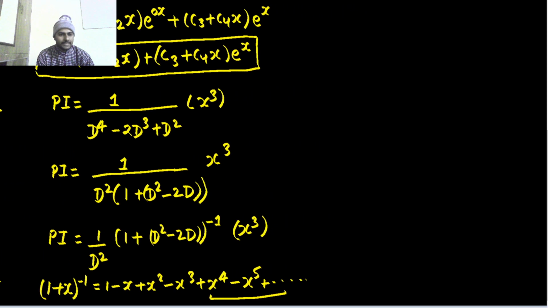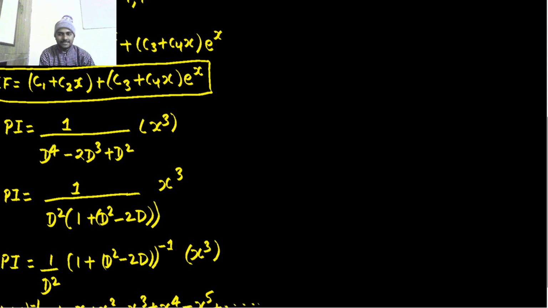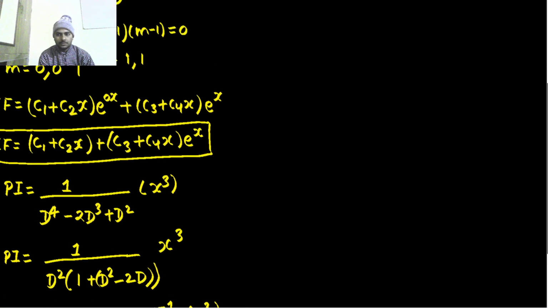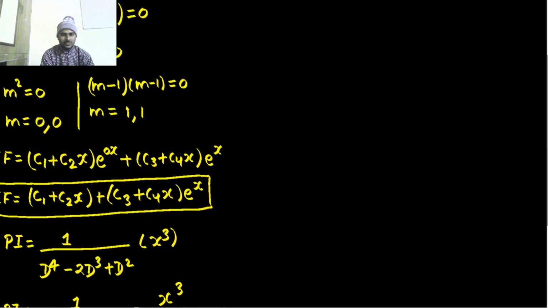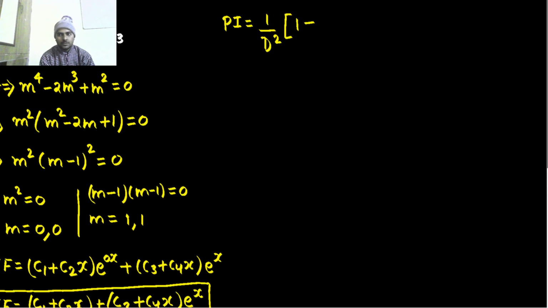So let's proceed. Our PI is 1 upon D^2, and now we'll open. So 1 minus, now in place of x I have D^2 - 2D. So 1 minus x plus x^2.